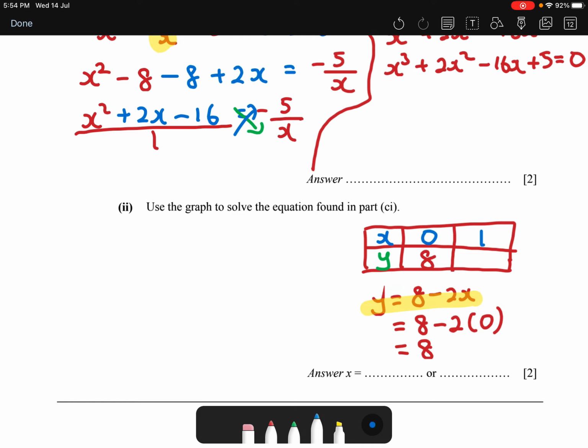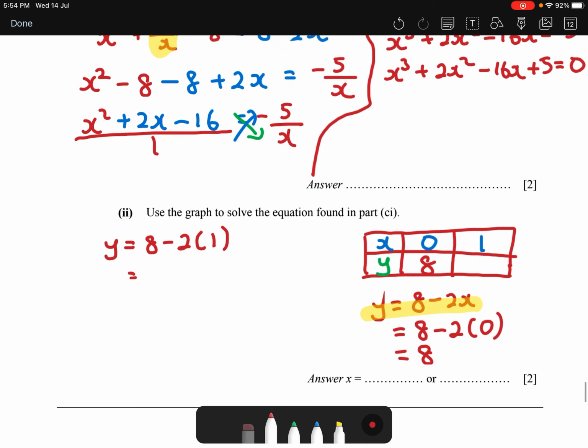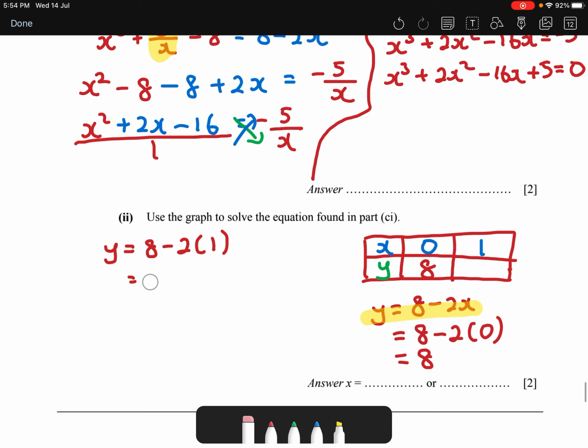What happens when x equal to 1? What happens to your y? Same thing, you do your substitution. y equal to 8 minus 2(1). So of course you get 6. So now I have 2 coordinates already.